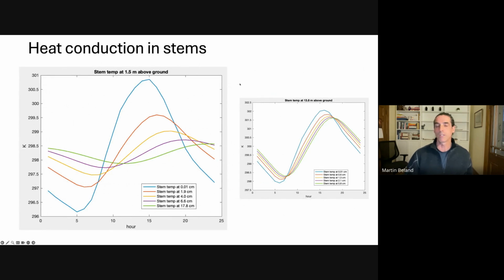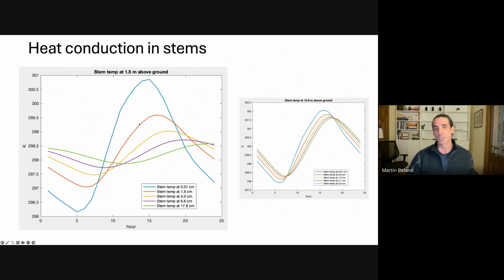So what it looks like is something like this. This is looking at a single stem that's about 1.5 meters above ground. The different colors refer to the temperature at different depths in the stem throughout the day. This is an average for a month. What we're seeing is that the surface temperature has a lot more variability than the temperature at the center of the stem.